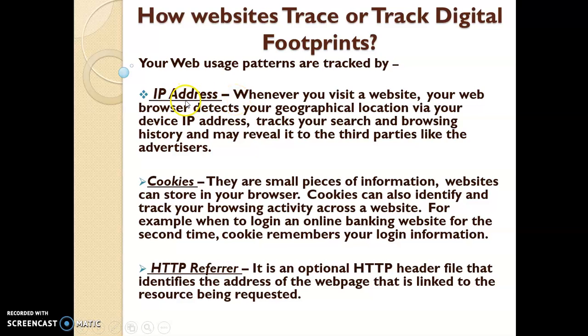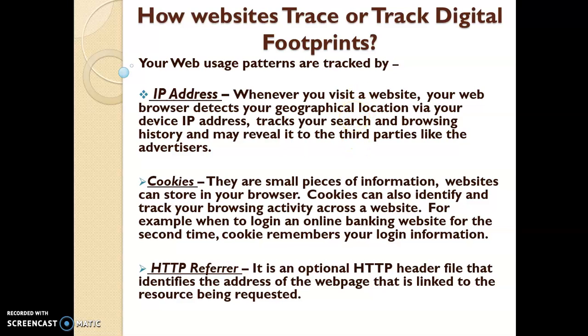What does this IP address mean? This IP address is simply the address of your device by which any website can trace or detect your geographical location. This can be understood by a very simple example. We all are living in our homes or houses, and we have a particular address of our home.